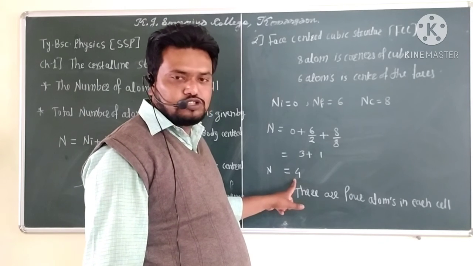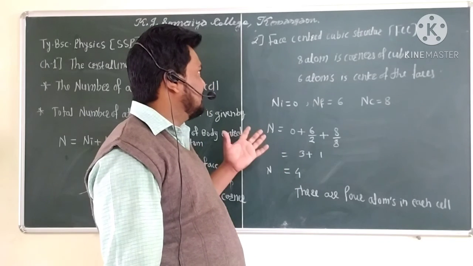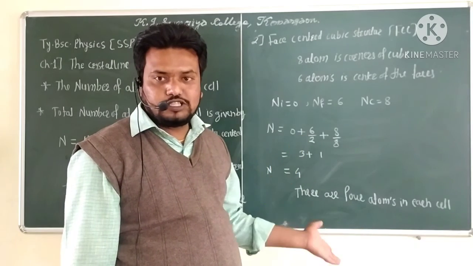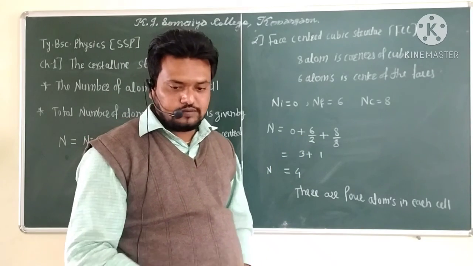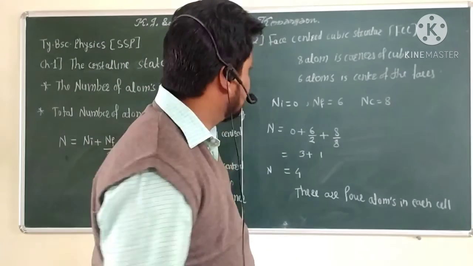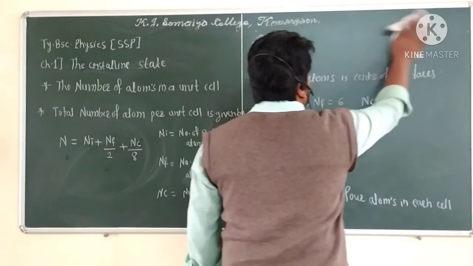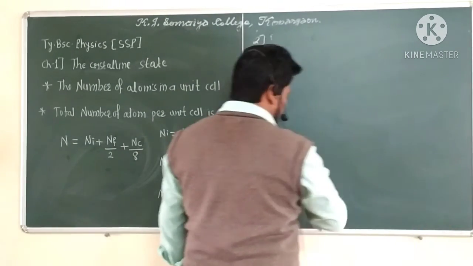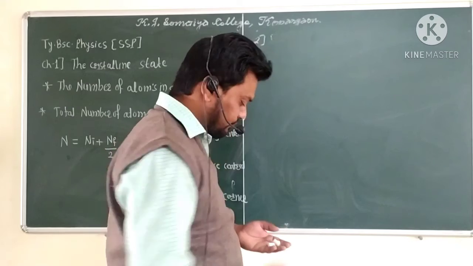That's why we say that in the face centered cubic structure the total number of atoms in a unit cell is 4.